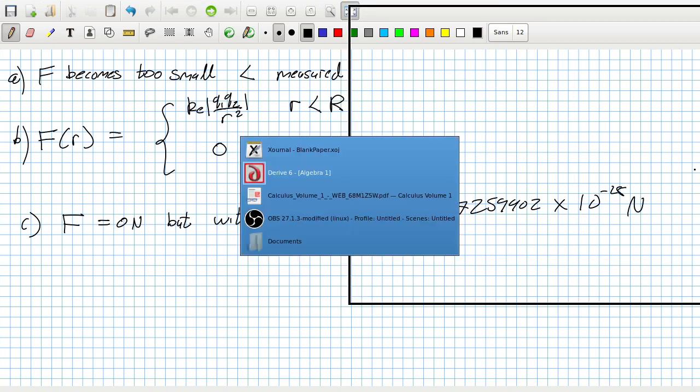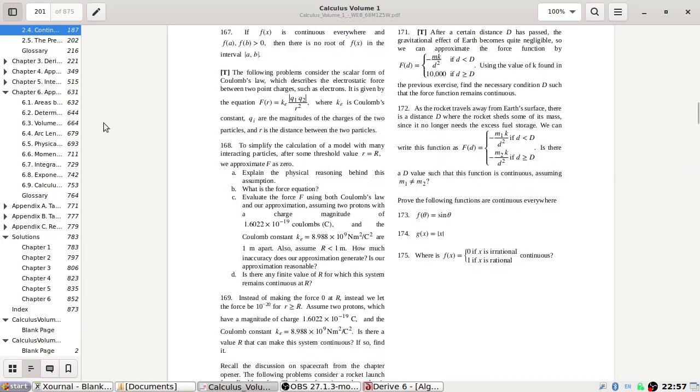Now, I need to read this again because I think there's something not clear here. The following problem considers the scalar form of Coulomb's law, which describes the electrostatic force between 2 point charges such as electrons. It's given by this equation where K is Coulomb's constant, Qi the magnitude of the charge of the two particles, and r the distance between the two particles. To simplify the calculation of a model with many interacting particles, after some threshold value R, we approximate F as 0.